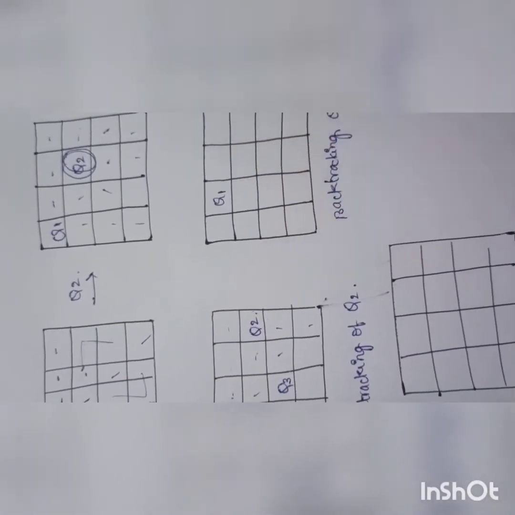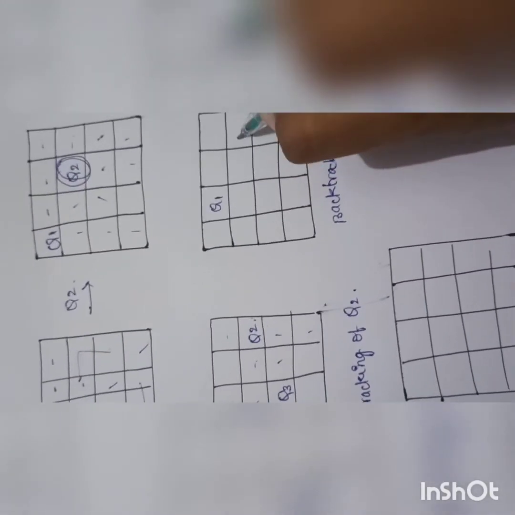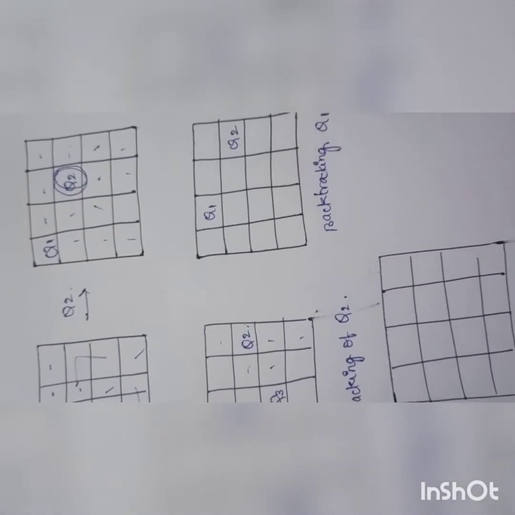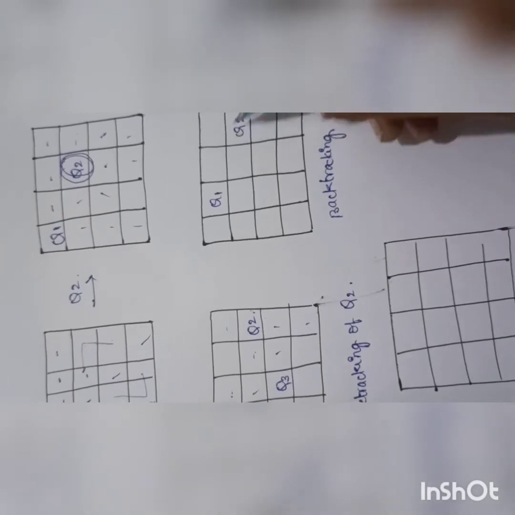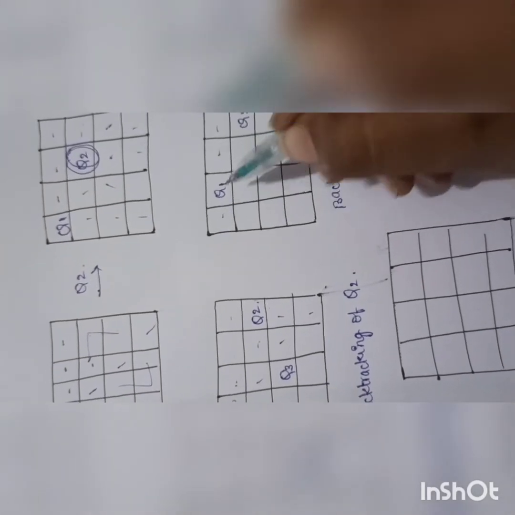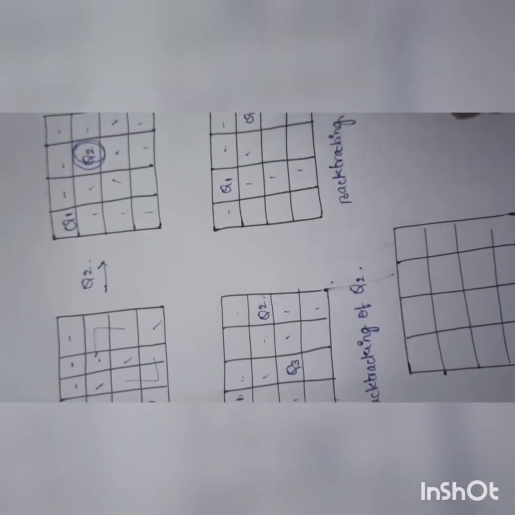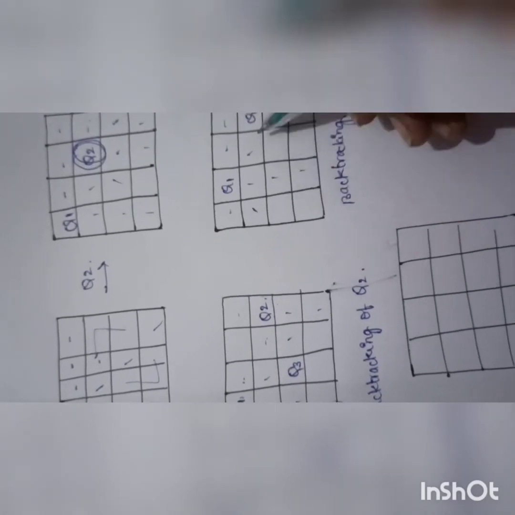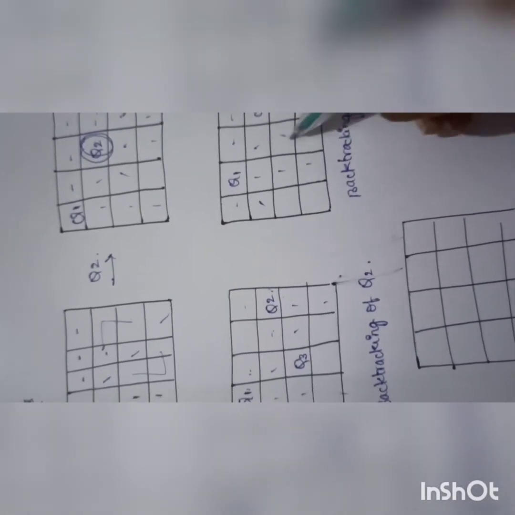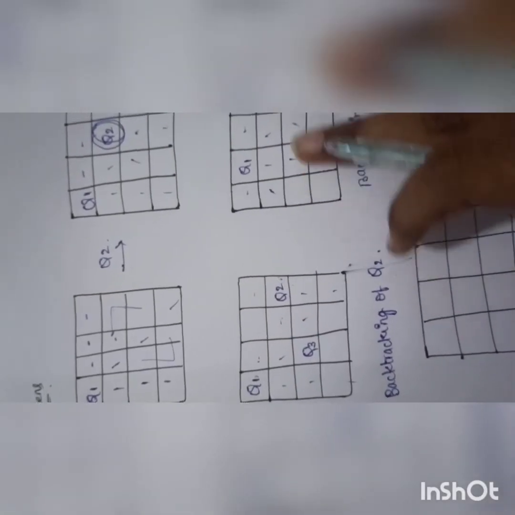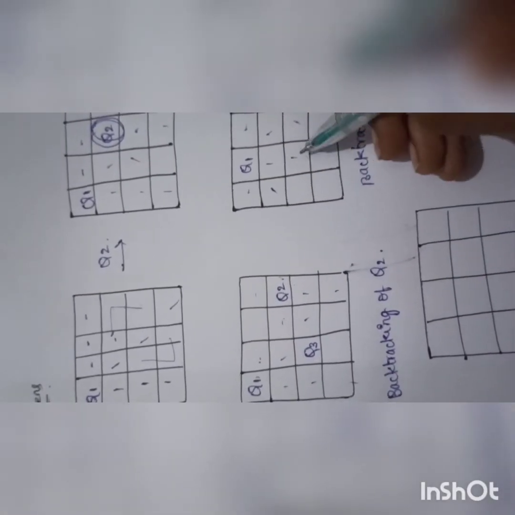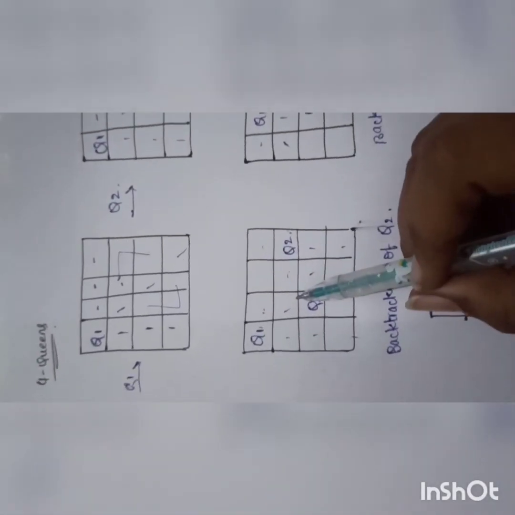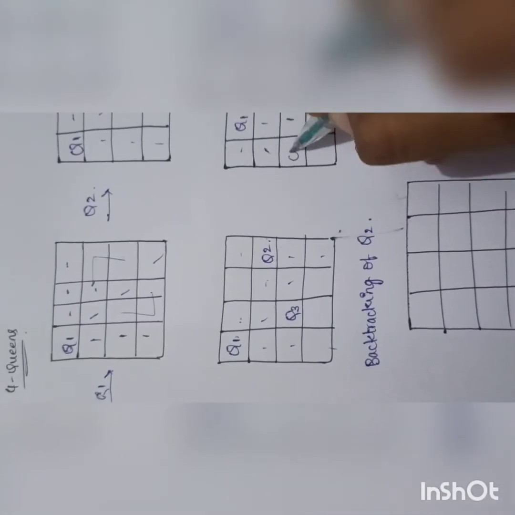This is queen 1 and this is queen 2, and now there is no problem for queen 2 either for this row or this column. And now let us see the space for queen 3. We have space, and for queen 3, here there is no space, so we can place queen 3 here.